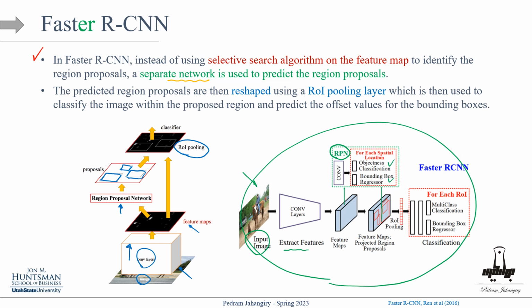Now we have bounding boxes with the labels. We're going to pass them to the ROI pooling because we want to make sure that they have the same shape to be passed to a bunch of fully connected layers. And the output of these fully connected layers is multi-class classification and the location of those bounding boxes. So this is what Faster RCNN is going to do in order to improve RCNN and Fast RCNN.